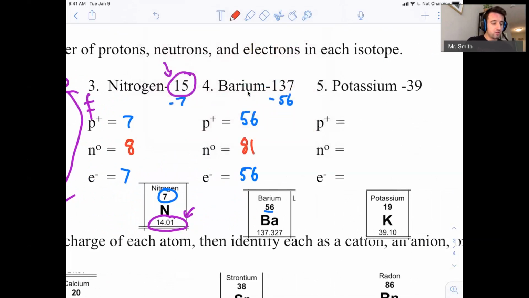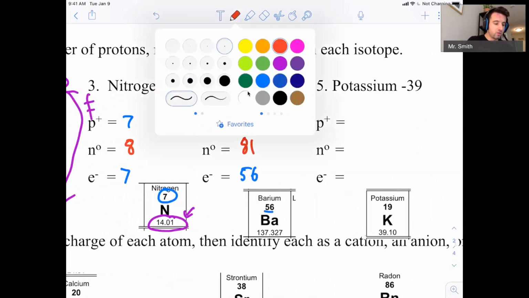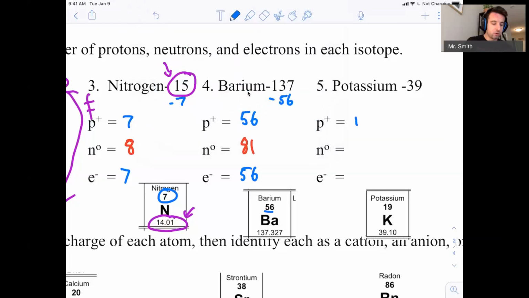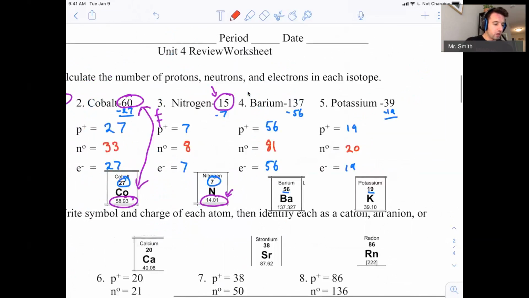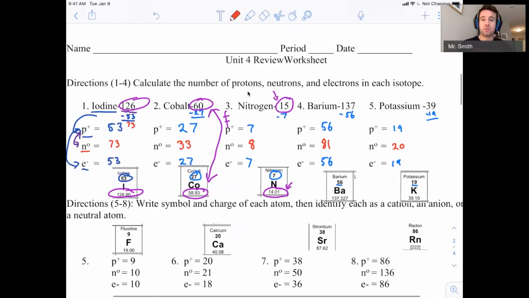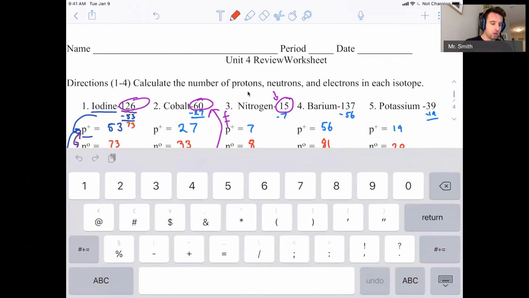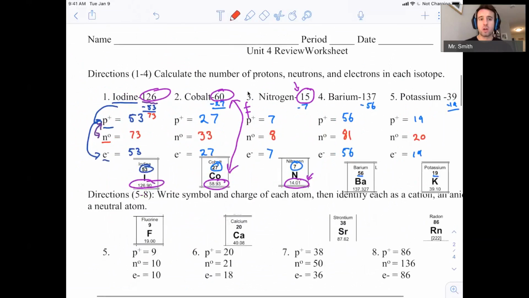And then to finish up here, we've got 19 protons and 19 electrons from potassium. So 39 minus 19, that's going to give us 20. Cool. So there's a lot of information stored in this little guy right here, where it says iodine 126.